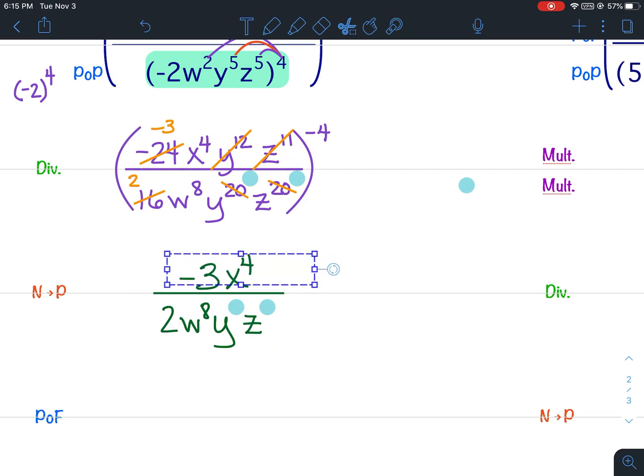Center this just a little bit. All right. And still have the -4. Now that I've done everything that I possibly can inside the parentheses, now I have to take care of the exponent outside of the parentheses.